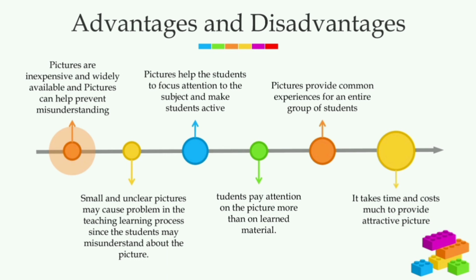Picture can help prevent misunderstanding. It means by using picture, the teacher can explain new vocabularies to his or her students easily. Therefore, it prevents misunderstanding between students' perception and teachers' perception.